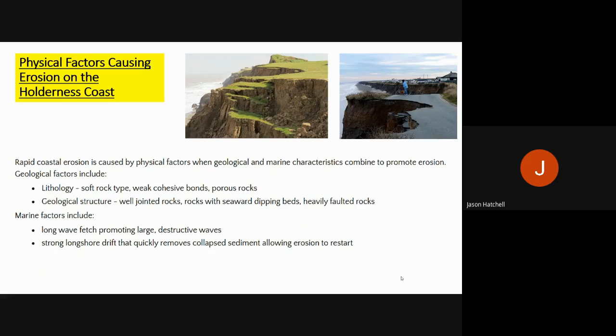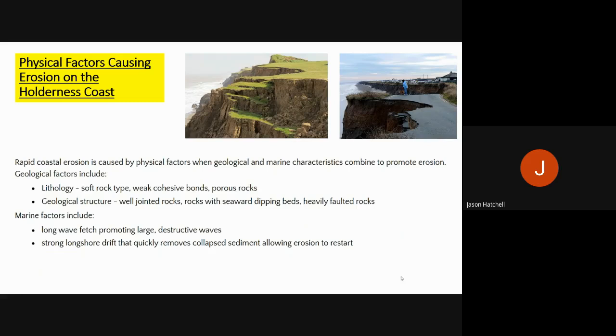At the Holderness Coast, we have a soft rock lithology with weak cohesive bonds, and we have porous rocks as well. We also know that the rocks are well jointed. There are lots of joints in them. They dip seaward, towards the sea, and they're heavily faulted. All of these characteristics of the lithology mean that it erodes very quickly.